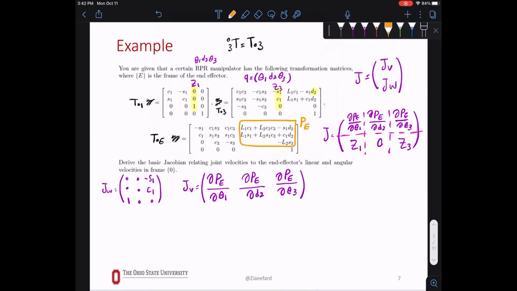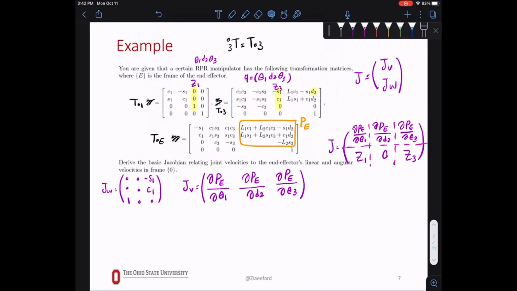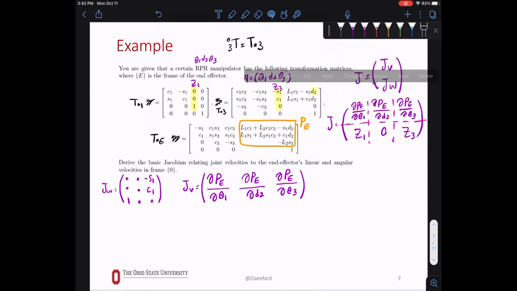This PE basically is PX, PY, PZ. So you have 3 subfunctions and 3 variables. You're just getting the direct equivalent for that.